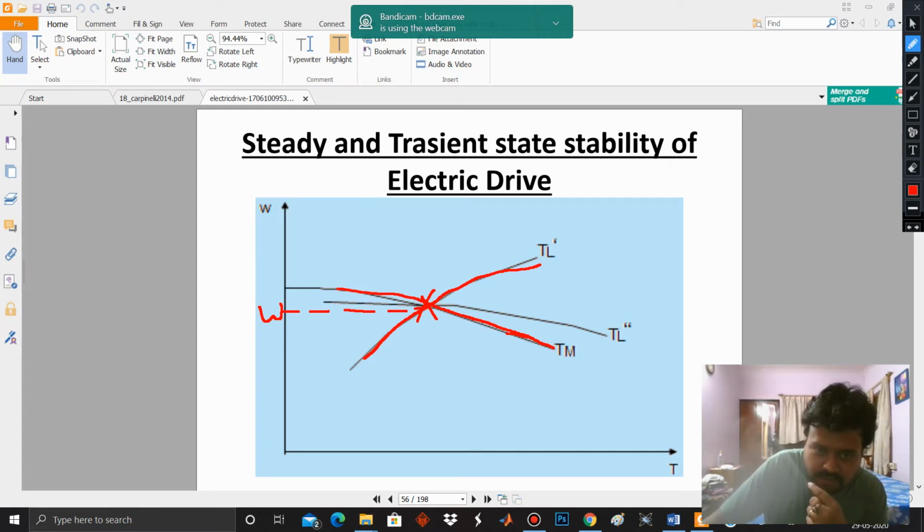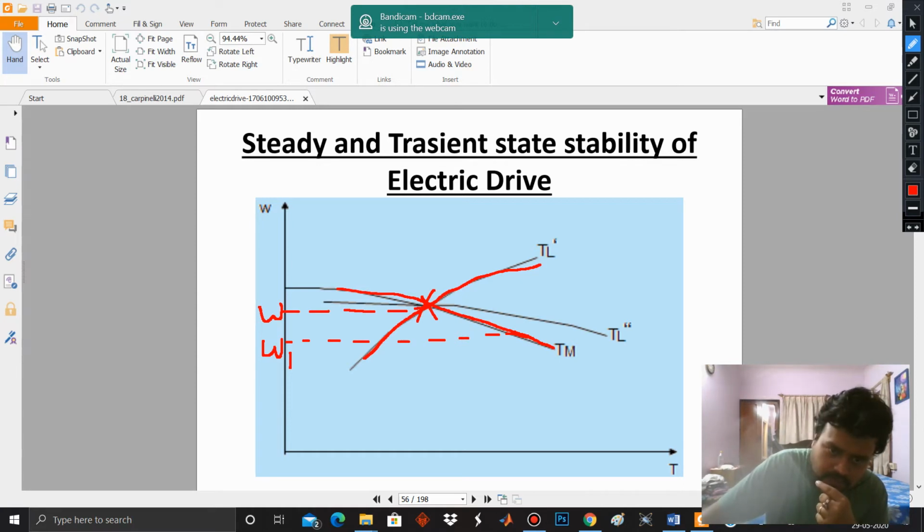Now suppose there is a sudden reduction in speed. So the speed reduces to omega 1. How will we determine whether this load torque and this motor torque will be stable or unstable under the circumstances if the speed is reduced?